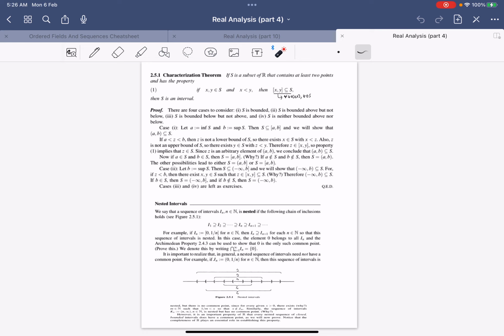So in any scenario, it will always be an interval. And the other cases are proved similarly, because if it's bounded above, then there's a supremum. If it's bounded below, then you have an infimum, and the other part goes to infinity. So in either case, you always have an interval. You can just check that, and it will be left as an exercise.